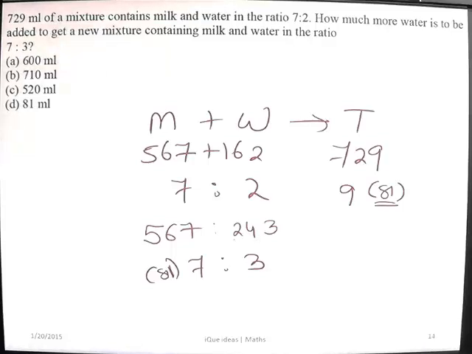That means water now needs to be 243. Already I have 162 as the amount of water. So 3 minus 2 is 1, 24 minus 16 is 8, giving 81. If I add 81 ml of water, then I get the ratio 7:3. So the answer in this case is 81 ml. See what I did? I simply used the concept of multiplication factor and played around with the ratios to get the answer.